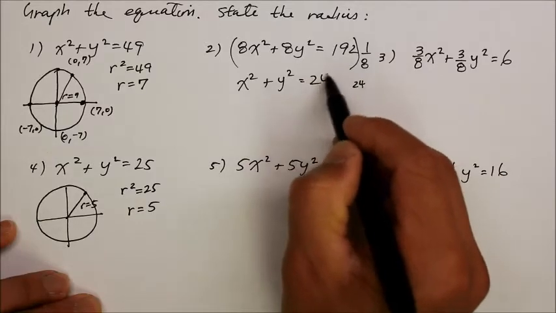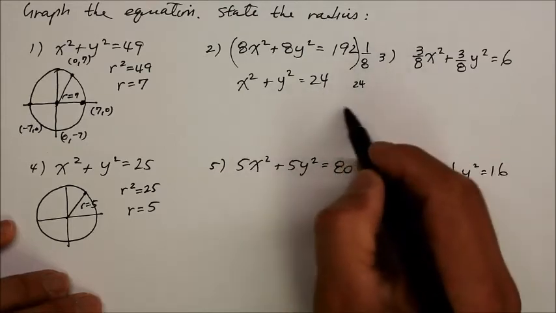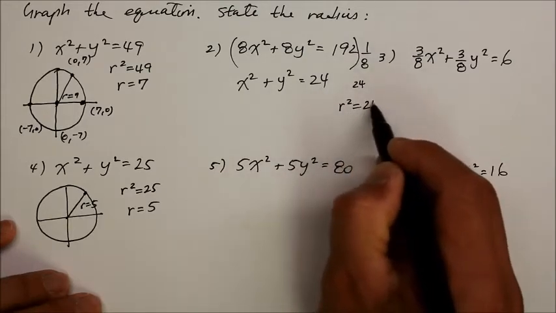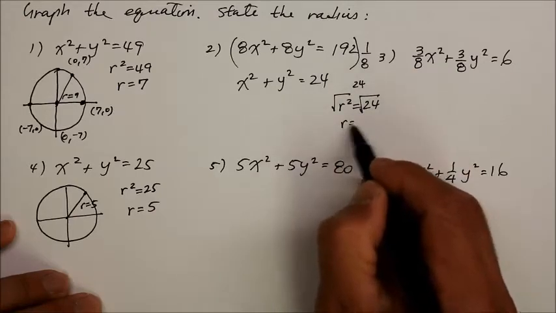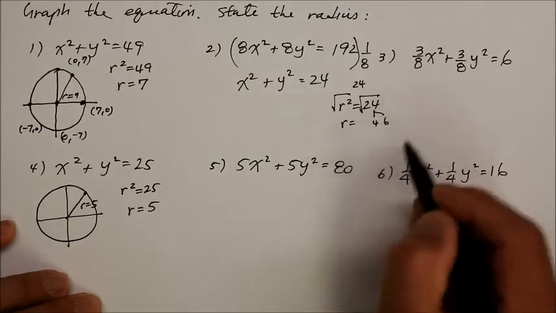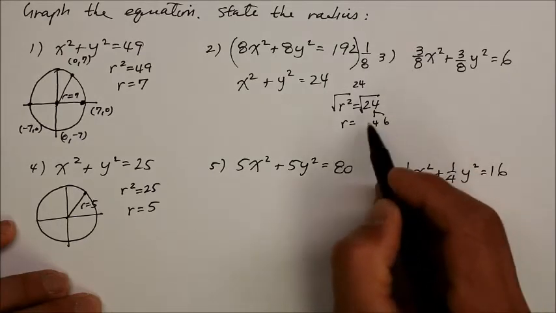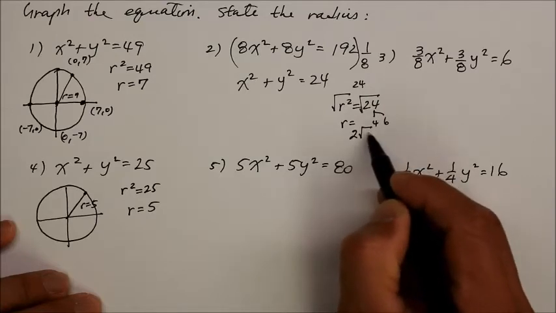So it's 24. Now we have a problem. 24 is not a perfect square. So you know you're going to end up with a radical. So since r squared is 24, when you square root both sides of the equation to solve for r, well, the square root of 24 is like saying the square root of 4 times 6. So the square root of 4 comes out as a 2 coefficient, and the 6 stays inside as a radicand.